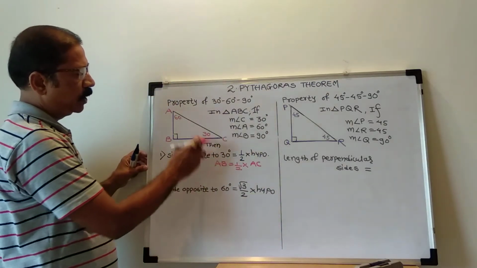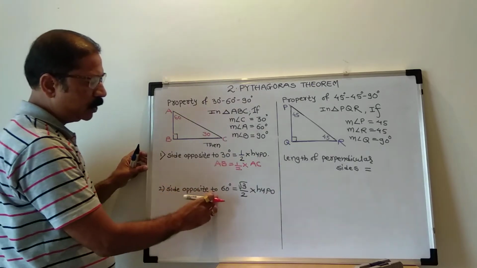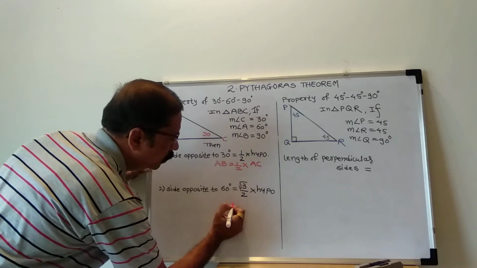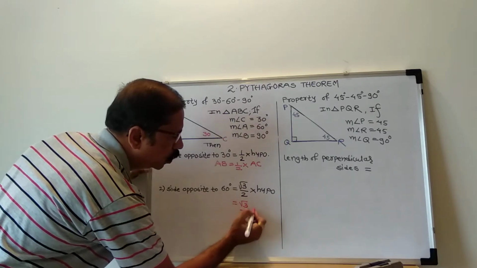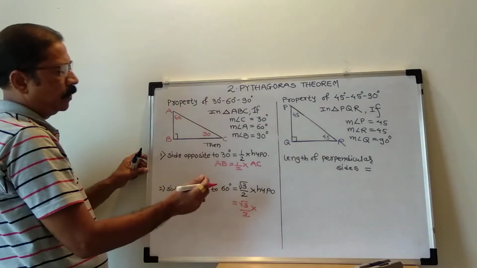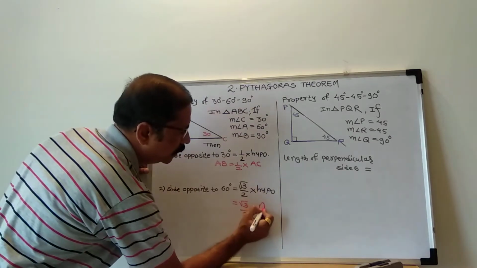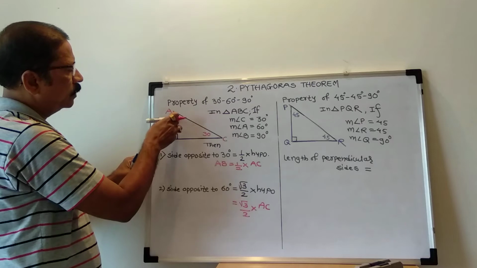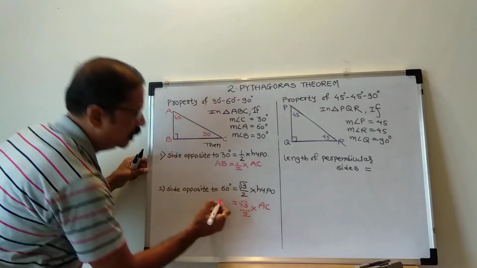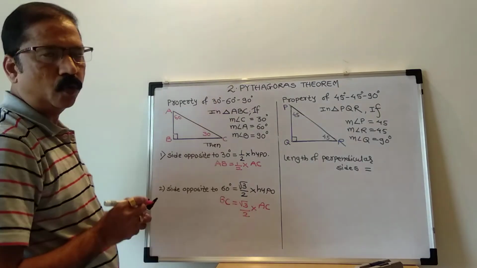So side opposite to 30 degree, AB, is half of the hypotenuse, and side opposite to 60 degree is root 3 upon 2 times the hypotenuse. Again here the hypotenuse is AC, and the side opposite to 60 degree is BC. These are the two formulas you have to remember.